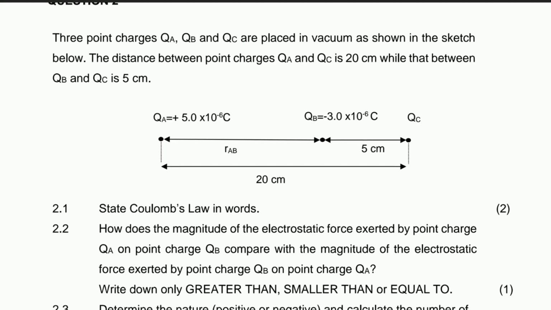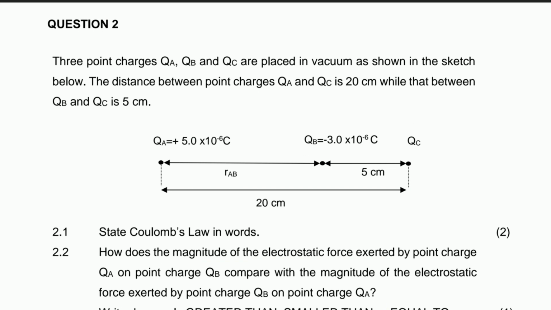Now question 2, a little bit longer question. This question says 3 point charges QA, QB, and QC are placed in a vacuum as shown in the sketch below. The distance between point charges QA and QC is 20 centimeters, and we are going to change those. This 20 centimeters is equal to 0.2 meters.